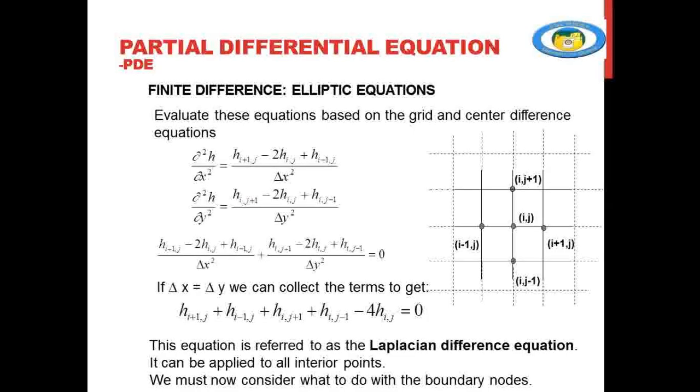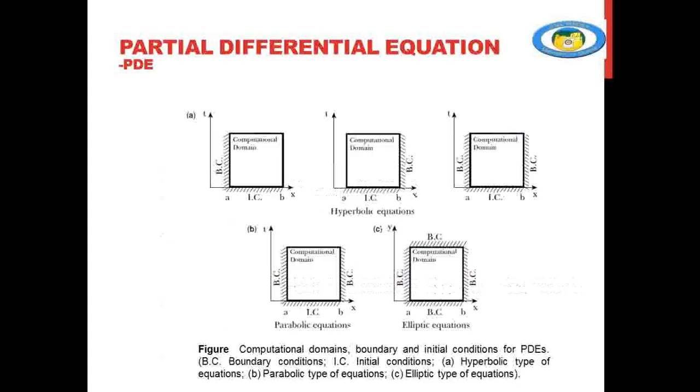Given the values at all the surrounding nodes, given the boundary conditions all around, then you can easily solve this Laplacian difference equation. But it's important that it should be given with these boundary conditions. Remember, with elliptical equations, all the surrounding boundary conditions need to be provided.